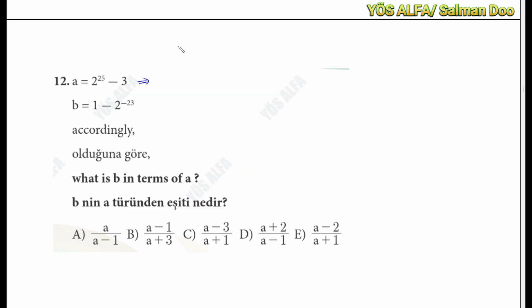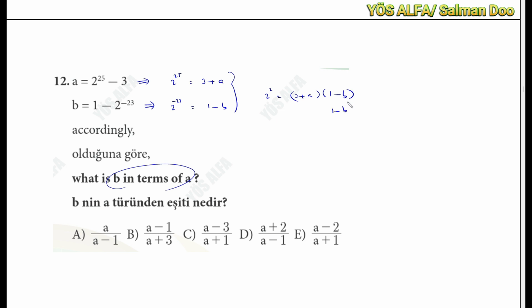From the first equation, we can write 2 to the 25 is equal to 3 plus a. From the second equation, we can write 2 to the minus 23 is equal to 1 minus b. When we multiply these two equations, we have 2 squared is equal to 3 plus a times 1 minus b. And we're asked to find b in terms of a.